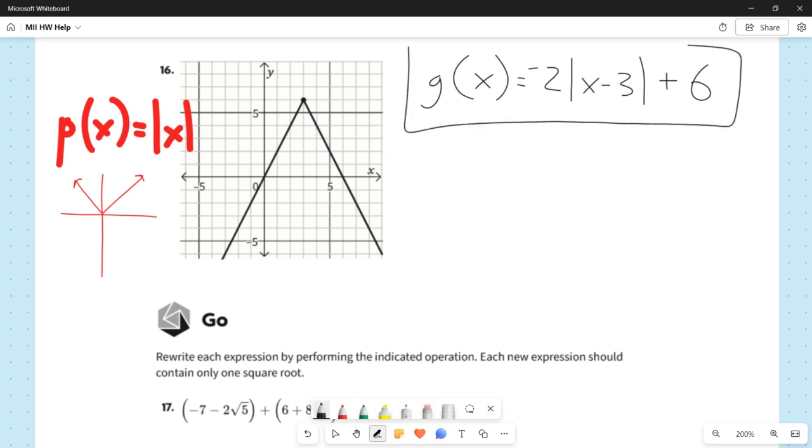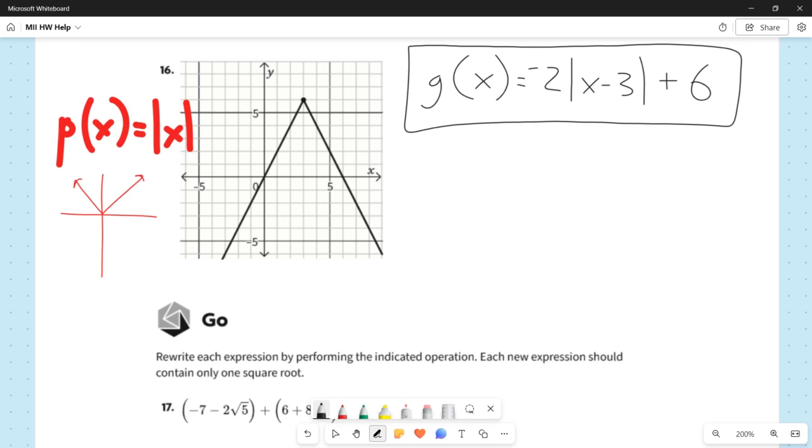So to recap, we took our parent function. We have a horizontal shift to the right, 3 units. We have a vertical shift up, 6 units. And we have a stretch, actually, sorry, I'm going to be a stickler here. The order that you describe these things actually does matter. The order is you need to start with your horizontal shift.